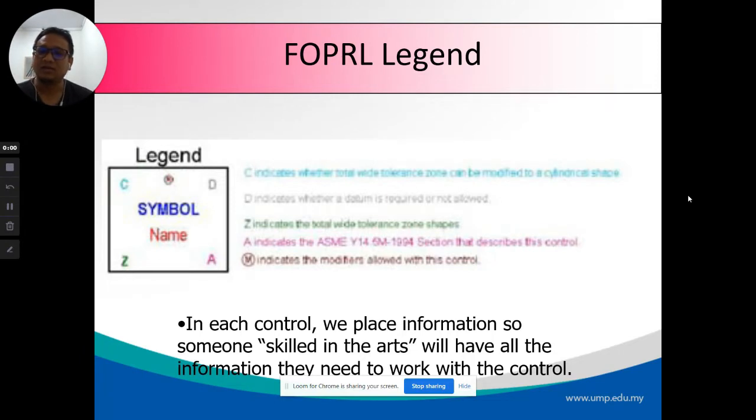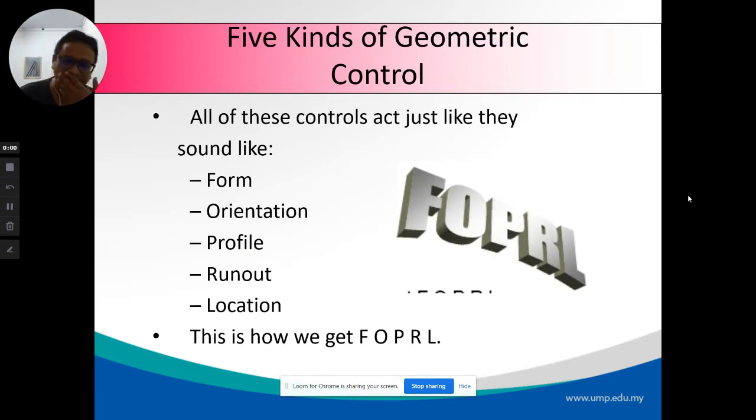The bottom Z indicates the tolerance zone shape, and the bottom right indicates the ASME Y14.5M-1994 standard, which is the section that describes the control. In the center, you have a symbol and a name. So each control places information like the symbols in chemistry.